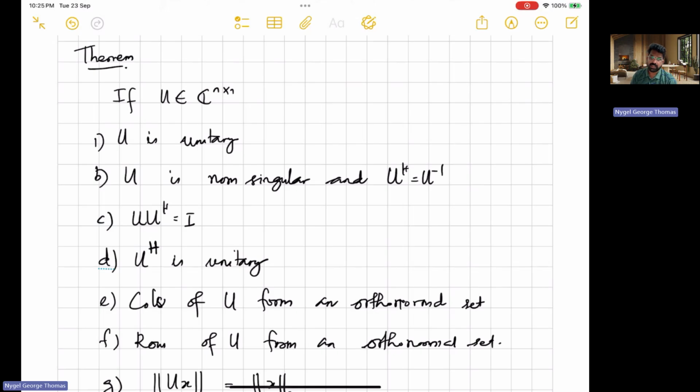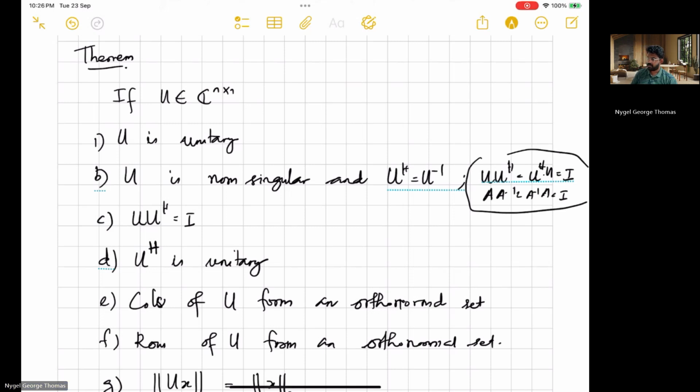If U is unitary, one thing you can say is U into U Hermitian is equal to U Hermitian U is equal to I. This is similar to A into A inverse is equal to A inverse A is equal to I. Which means that the inverse of a unitary matrix is its Hermitian.